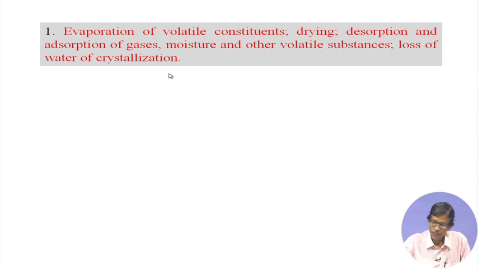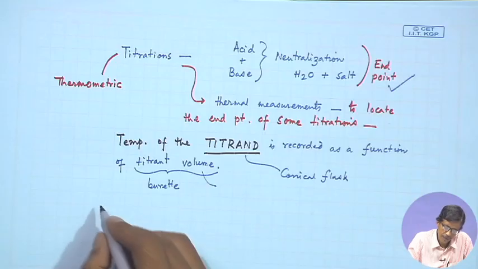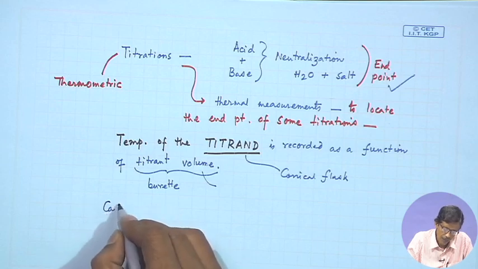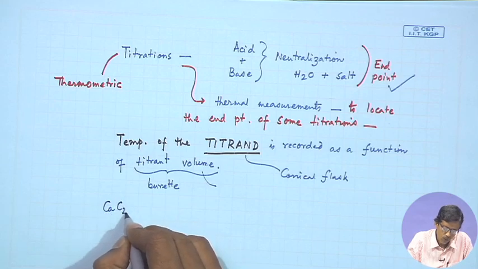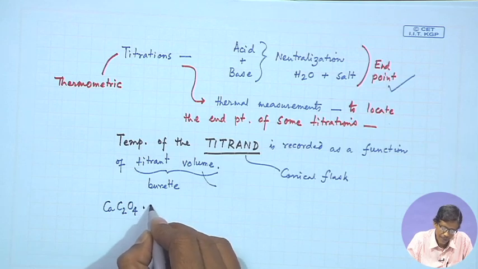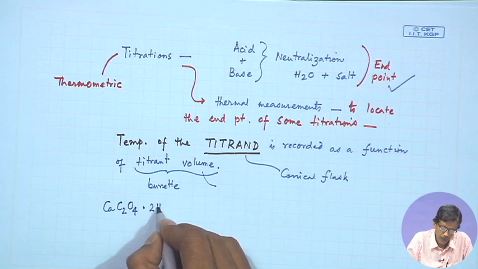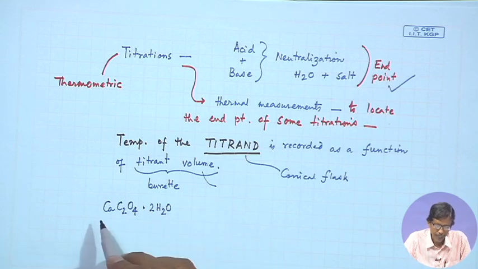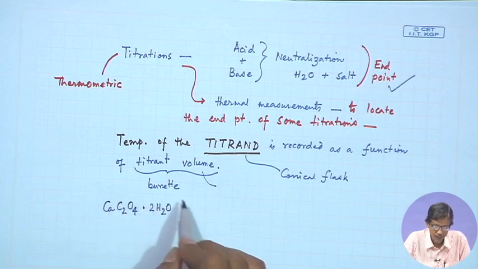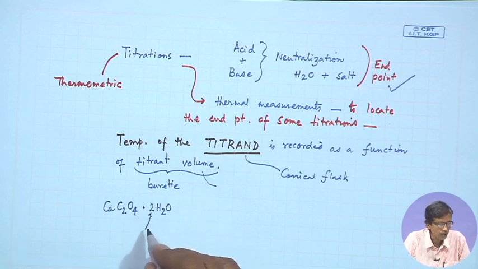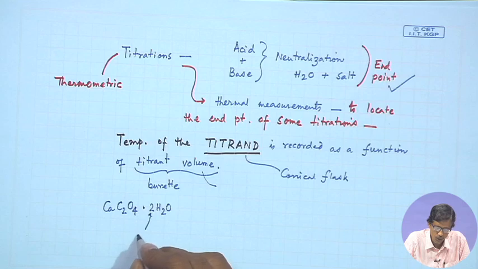That means, if you have water of crystallization, just now I told you that we will consider in some of our classes a very useful reference material for any thermobalance, because of how we standardize a thermobalance. A thermobalance can be standardized by using a sample of calcium oxalate. It can be monohydrate or dihydrate. So, we should be very careful about knowing the number of water molecules.